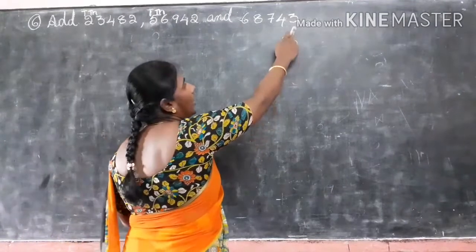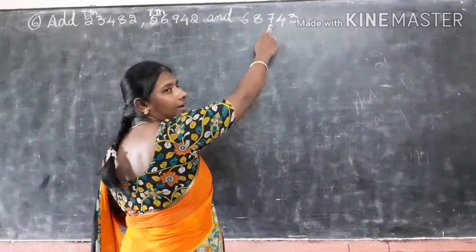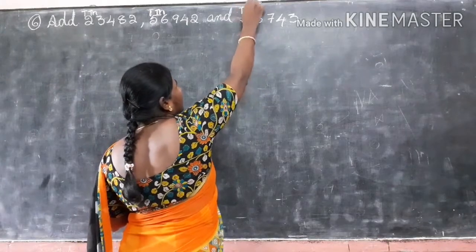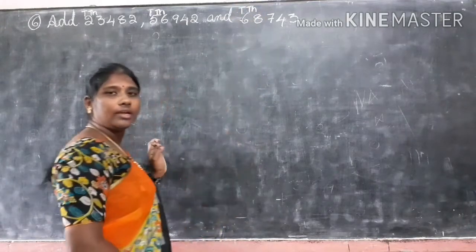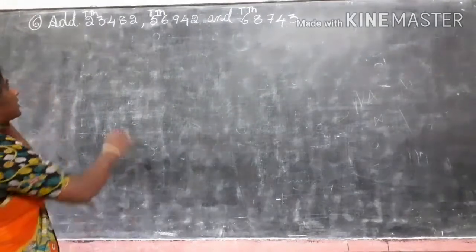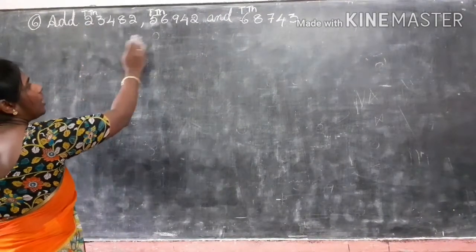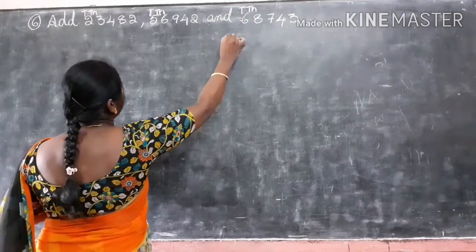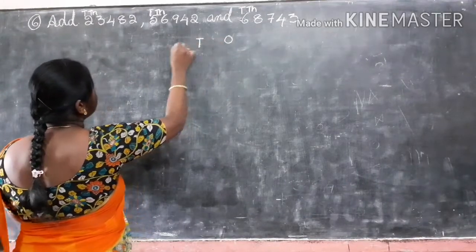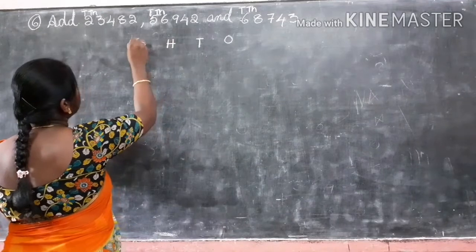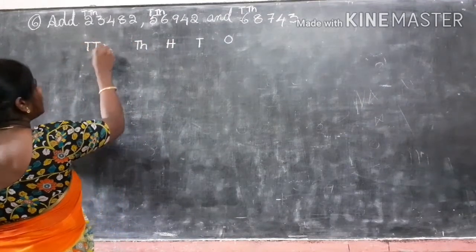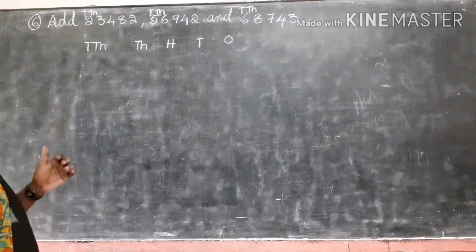Next here ones, tens, hundreds, thousands, 10,000s. It is 10,000. So we have to write from the place values ones to 10,000s. Up to 10,000 places we should write.